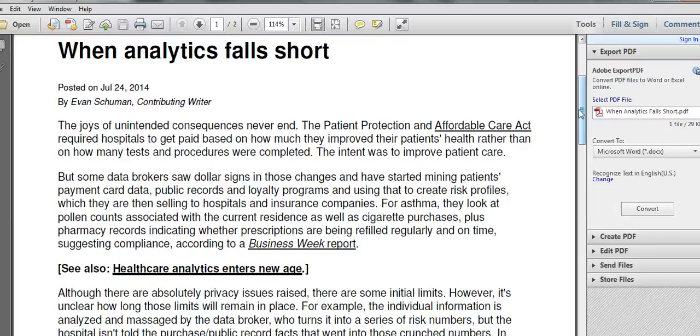But some data brokers saw dollar signs in those changes and have started mining patients' payment card, public records, and loyalty programs, using that to create risk profiles, which they are then selling to hospitals and insurance companies. So this is kind of like the dark side of data mining, or dark side of analytics. For example, if some analytics company has information about your credit report, and they're using that information in a bad light.